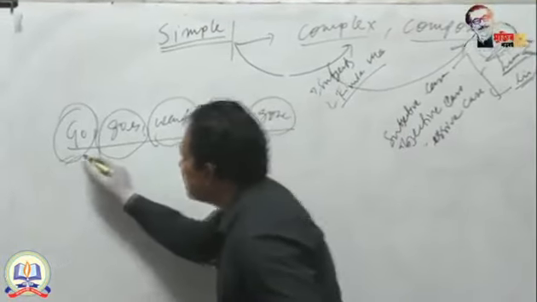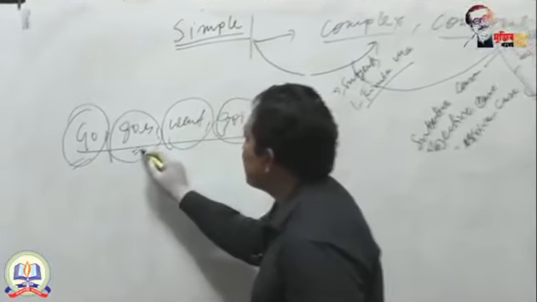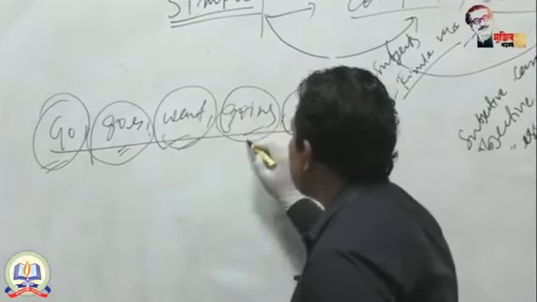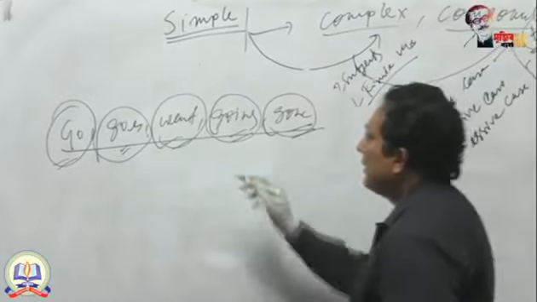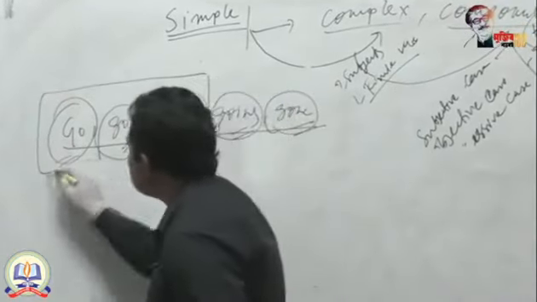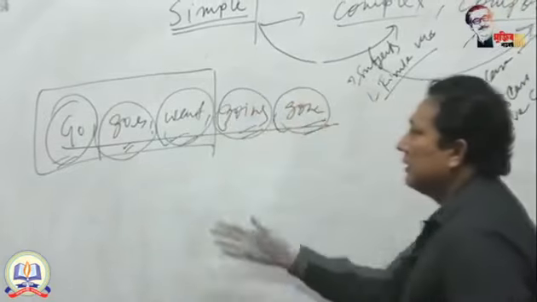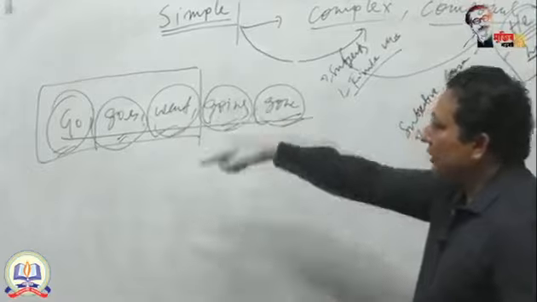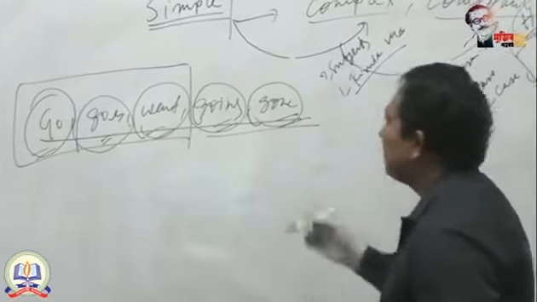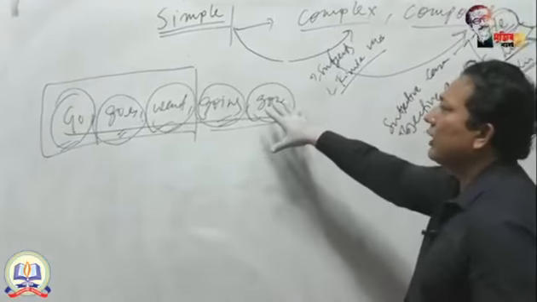This is base. You are adding s or es. This is past form. This is ing form. This is past participle form. That means these three forms actually indicate that it is a finite verb. This form indicates that it is non-finite verb.